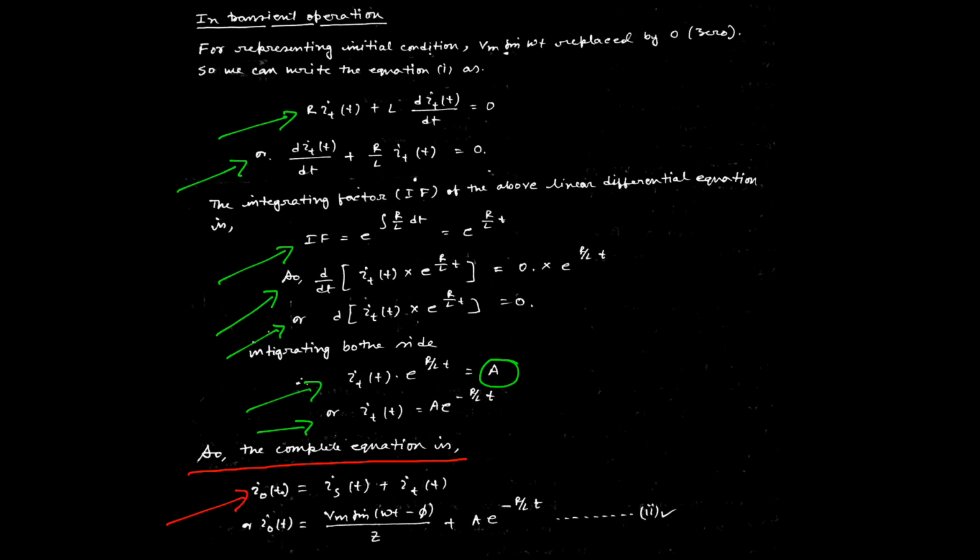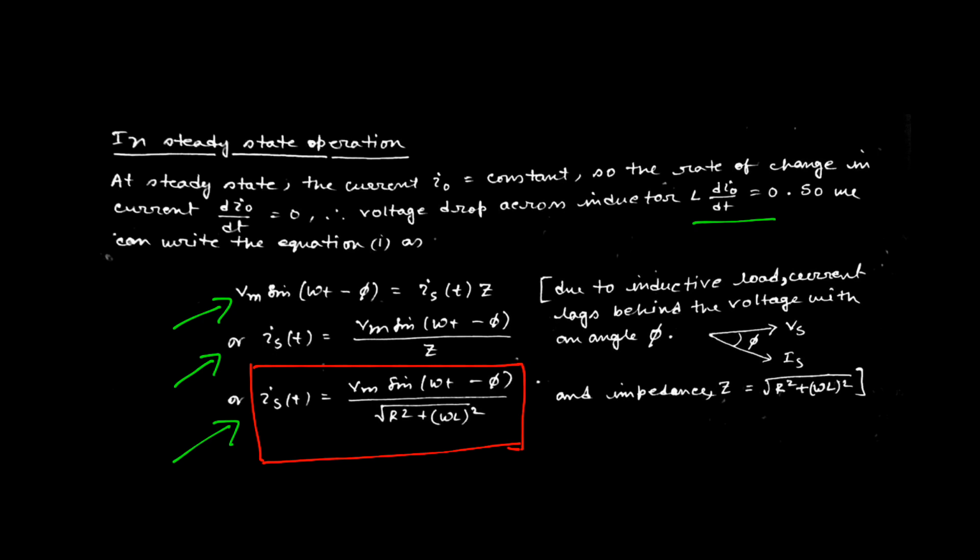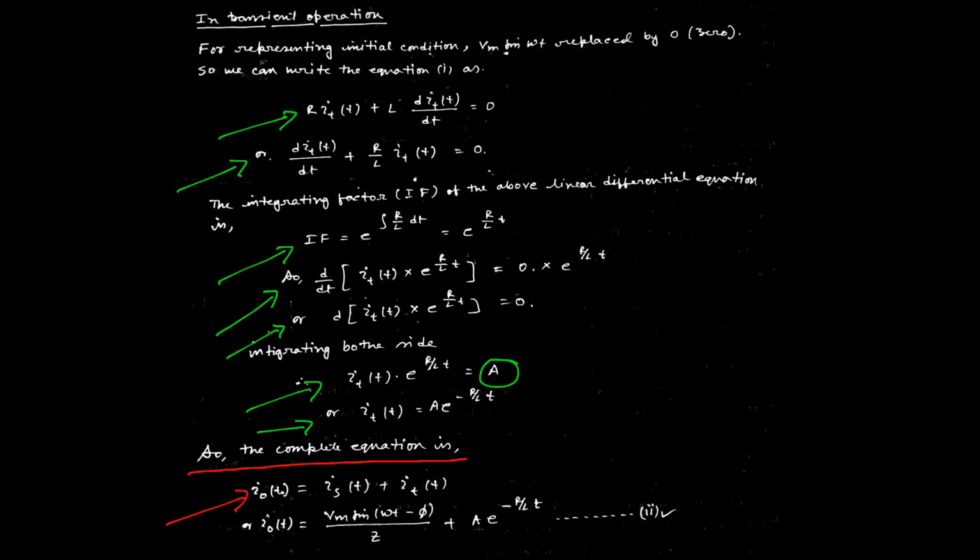The value of i_ST, which I discussed before, is Vm sin(omega t minus phi) by the square root of R squared plus (omega L) squared. So we can write i_ST as Vm sin(omega t minus phi) by Z, and i_TT is given by A into e to the power minus R by L into t. So this is the complete solution for i0(t).